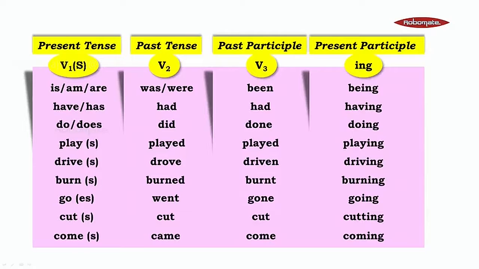The present participle is going. The next is cut. Students, please remember you can't have cut, cutted, cutten, or hurt, hurted, hurten, put, putted, putten. We'll just have the same form. Cut, cut, cut, cutting. Come or comes, came, come, and coming. Well students, I hope you have understood this list.